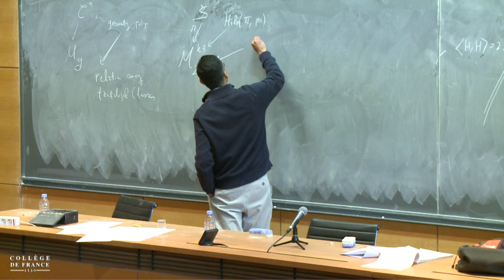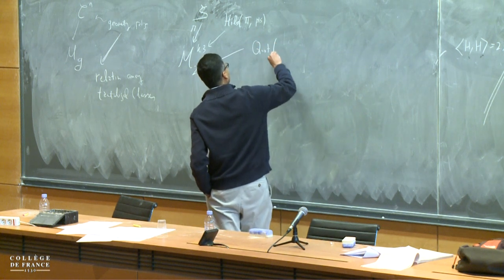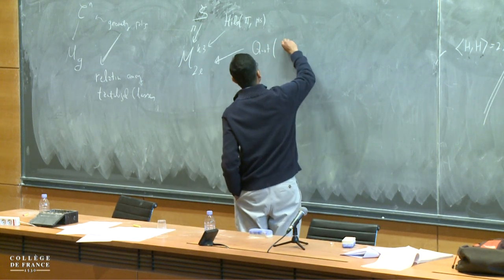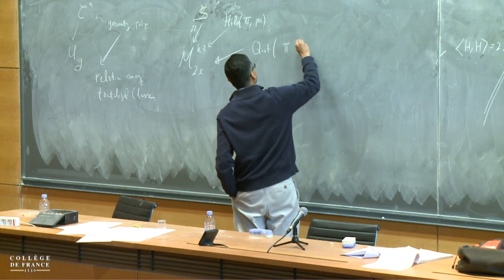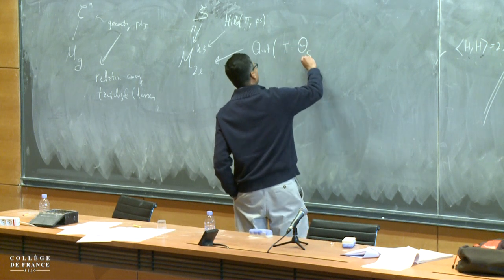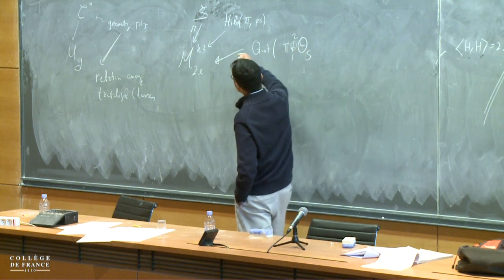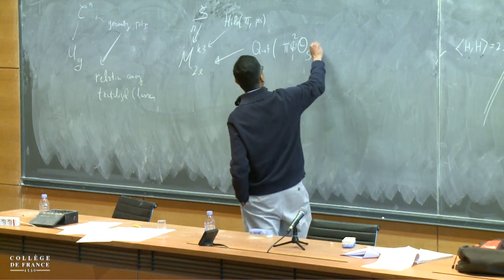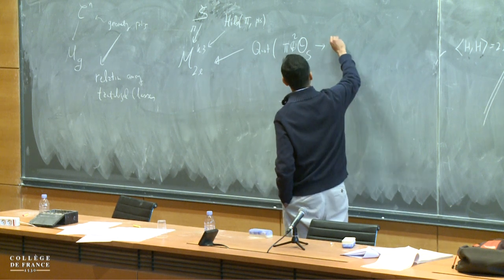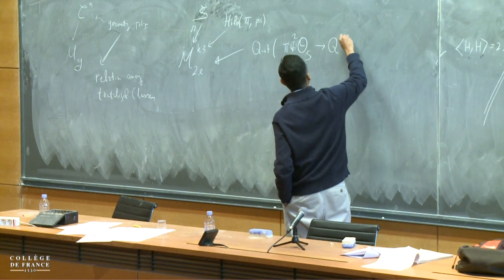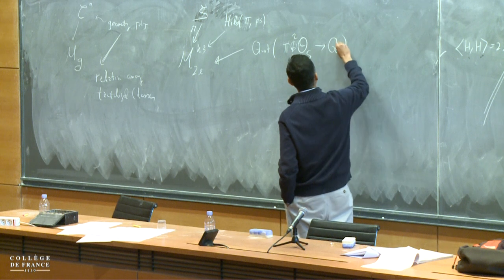You can use a relative quot scheme. So I write the simplest quot scheme that's useful. I take 2 copies of the relative structure sheaf, and I look at the moduli space. This quot scheme is a moduli space of some quotients Q, so it parameterizes these quotients.